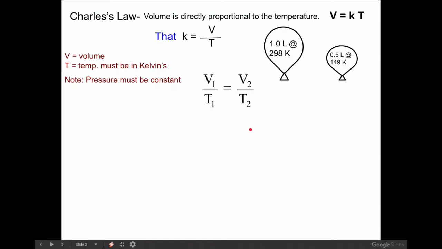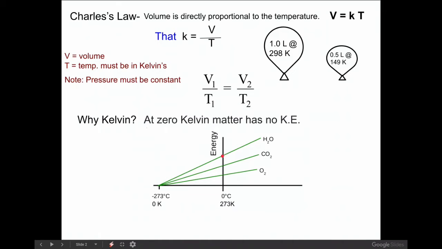V2, T2. The two are equal. Now the question is, why Kelvin? First of all, at 0 Kelvin, all matter has no kinetic energy. All kinetic energy is gone. A lot of us keep thinking, oh, 0 Celsius, ice, water is frozen, there's no movement. Well, no, there's some kinetic energy.